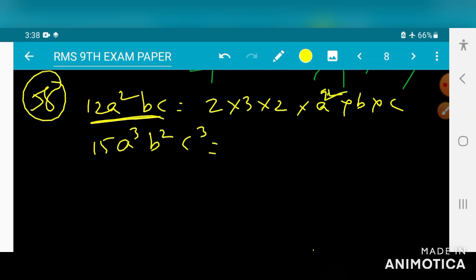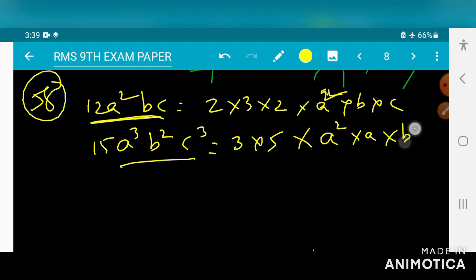Next, 15 means 3 into 5. Next, a cube means a square into a, b square is b into b, and c cube is c into c into c.